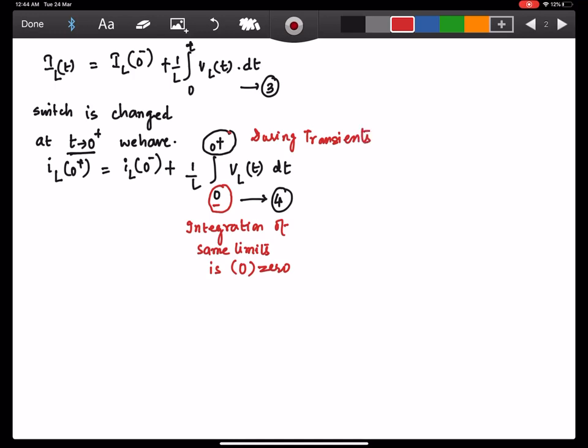Why? Because your switch changes from just before the switching to just after the switching. Okay, so we can write the equation as IL(0+) is equal to IL(0-).